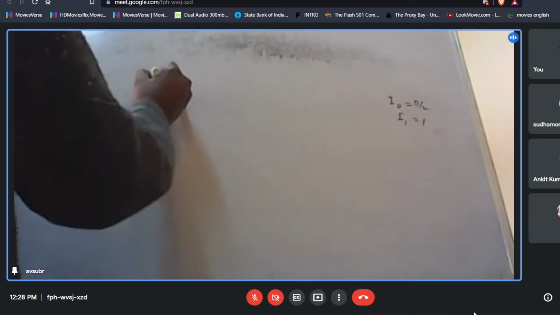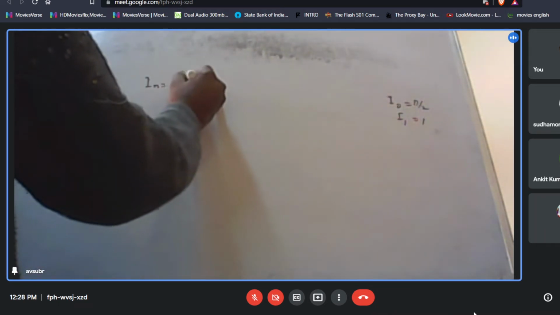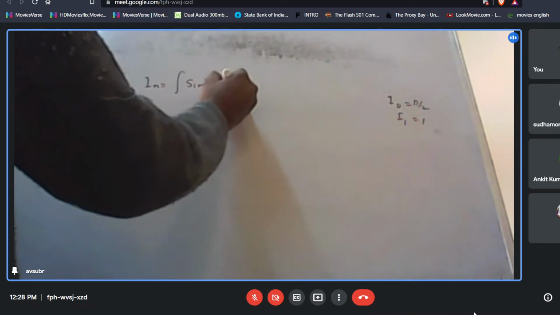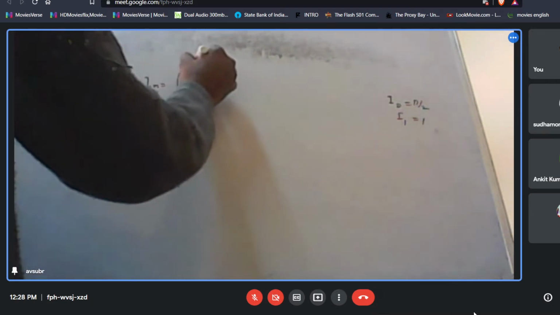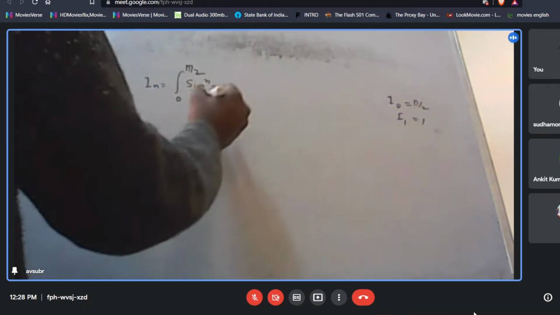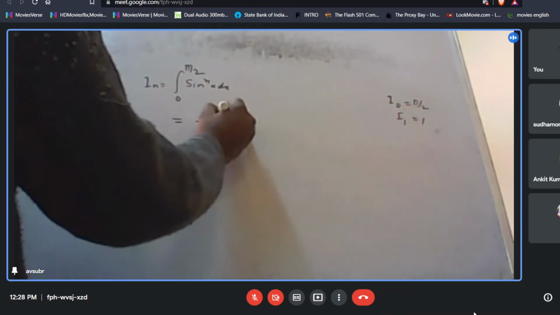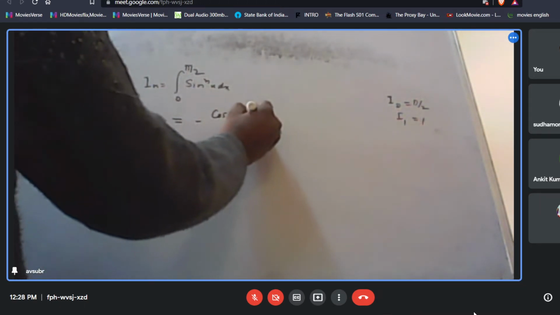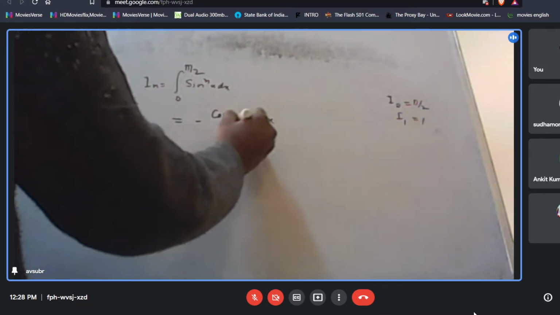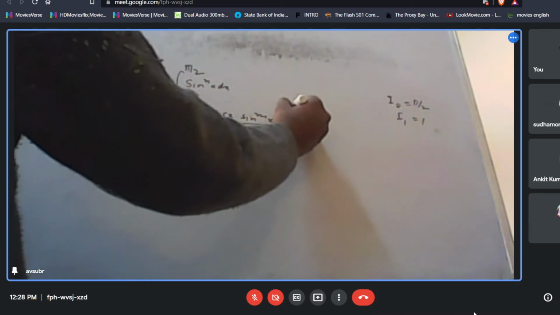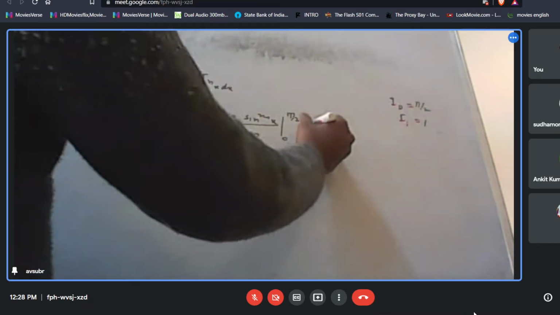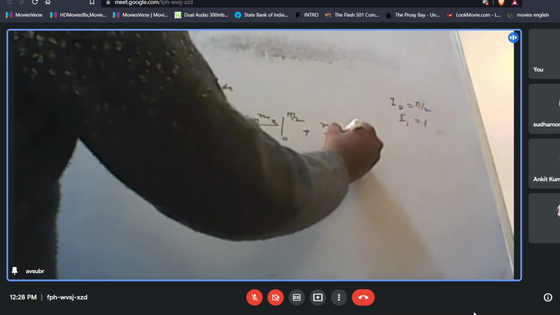Now In is equal to the integral of sine to the power n x dx from 0 to pi by 2. This is equal to minus cos x sine to the power n minus 1 x by n, from 0 to pi by 2, plus n minus 1 by n.